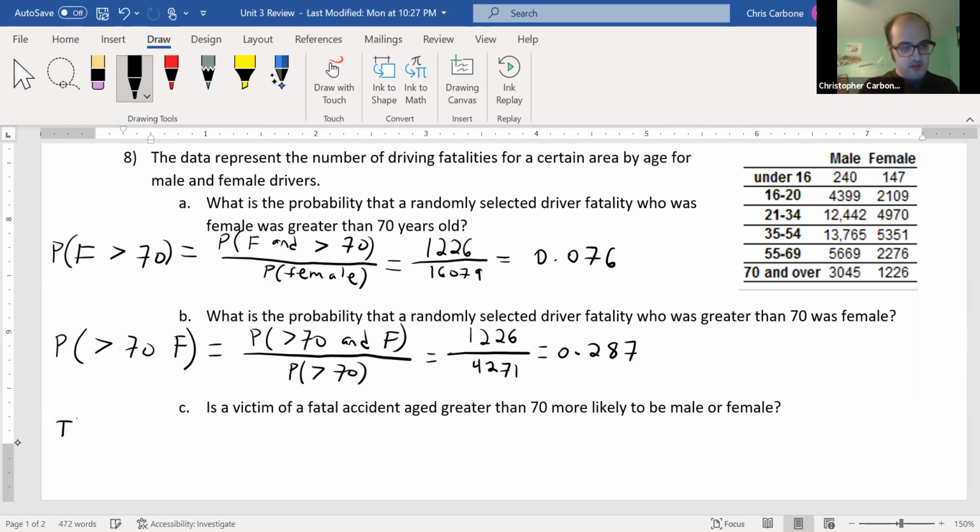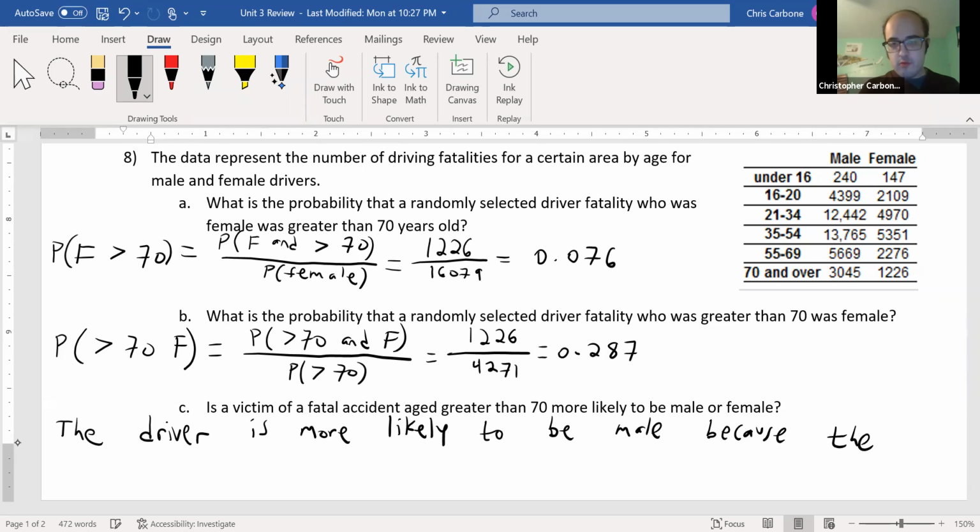So the driver is more likely to be male, because the probability is greater than a half, or 0.5.